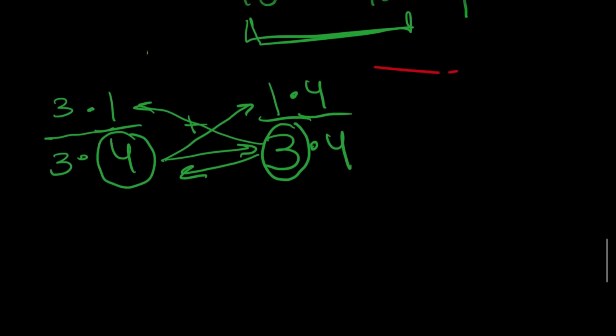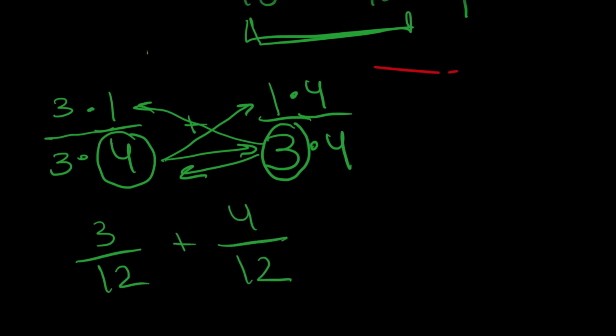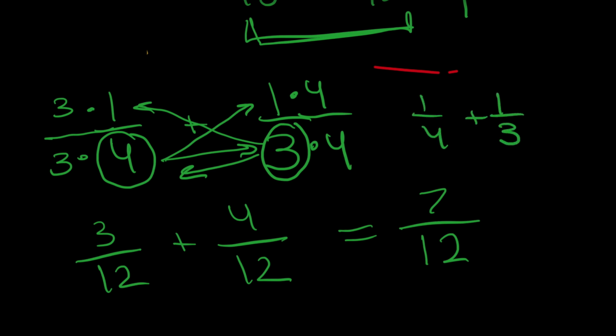So we get 3 over 12 plus 4 over 12. And now, since we have the same denominator and we can add, we simply add the numerators to get 7, because 3 plus 4 is 7. And then the denominator is going to stay the same because it's 12 pieces. So our answer to 1/4 plus 1/3 is 7/12.